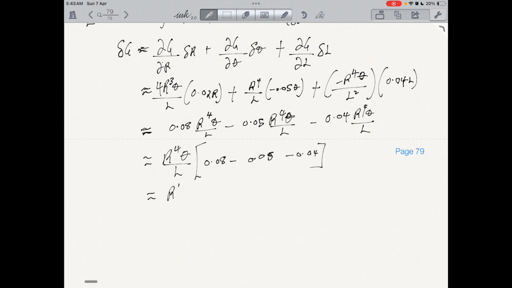Therefore, the small change in this is minus 0.01.